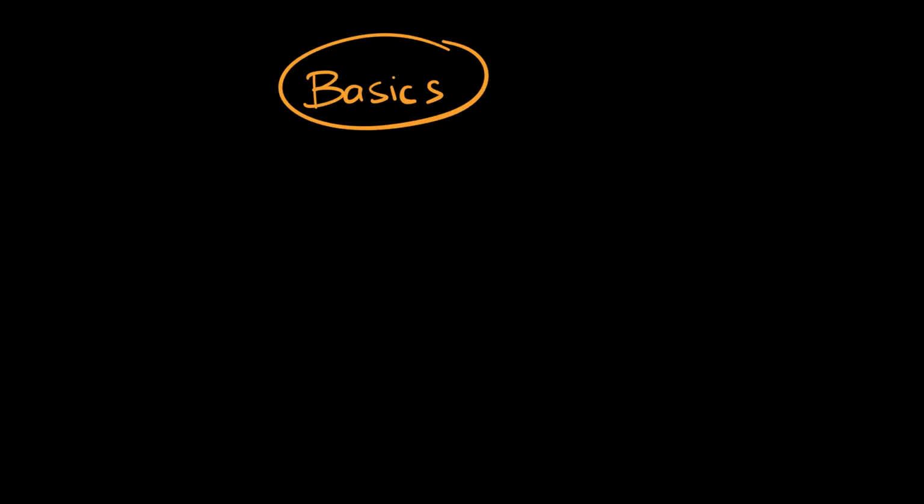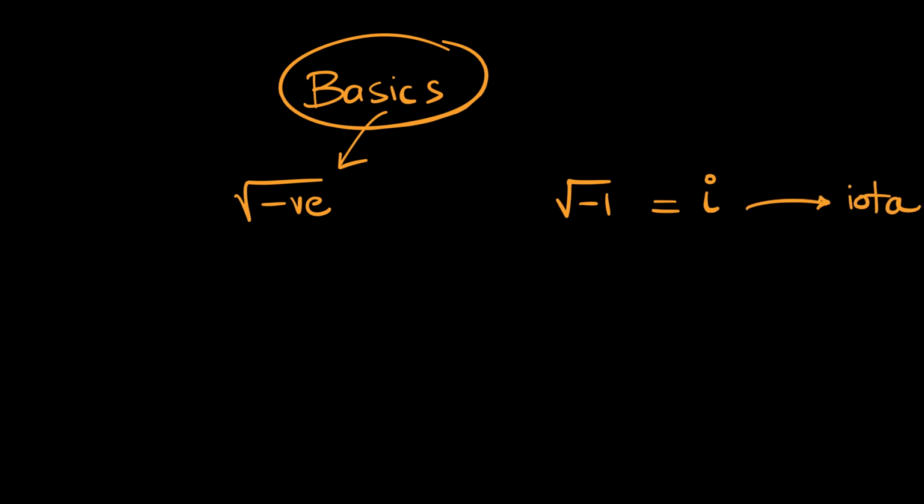So in this video, what we have studied so far is the basics of complex numbers. The basics of complex numbers started with the square root of a negative number. We have defined the square root of negative 1 as i. i stands for imaginary number. This symbol is known as iota. A complex number z is written as a plus bi.